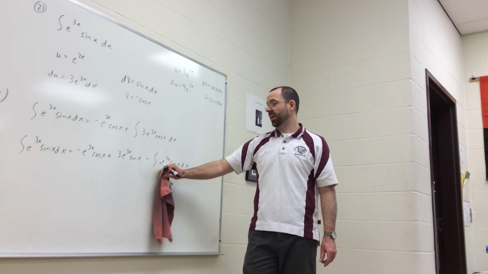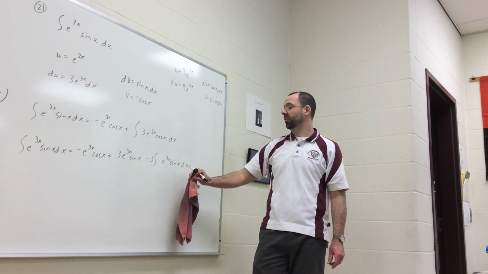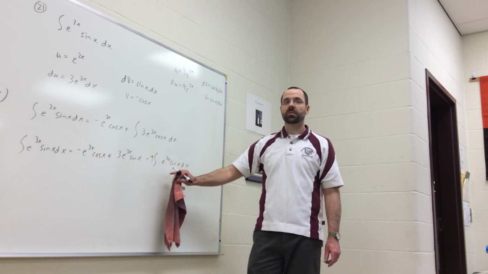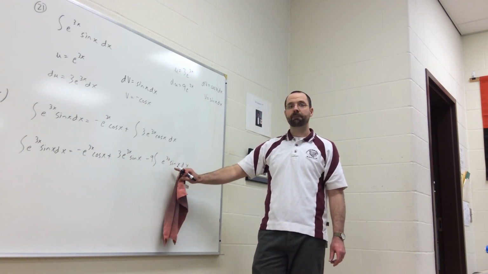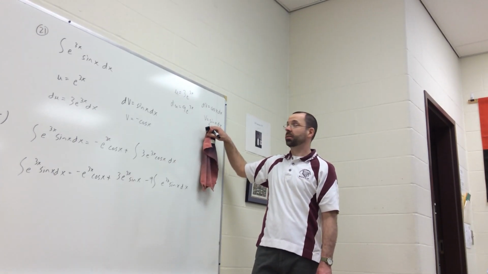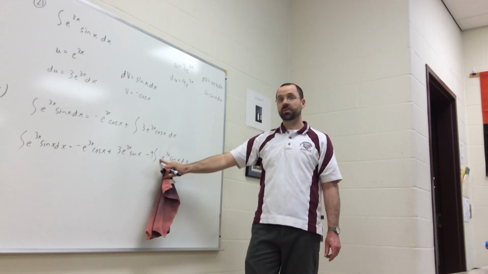Then I can pull this 3 out. Another mistake somewhere. This should be 9. Is that right? Okay. This was my u times my v, which should have been 9 e to the 3x times sine of x. So then that should be a 9.